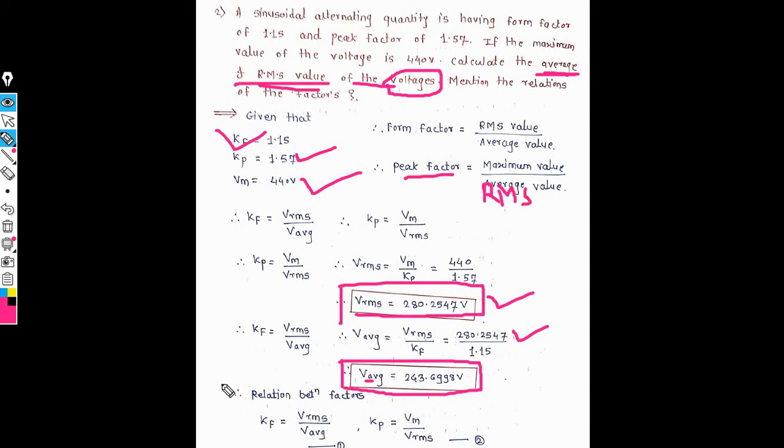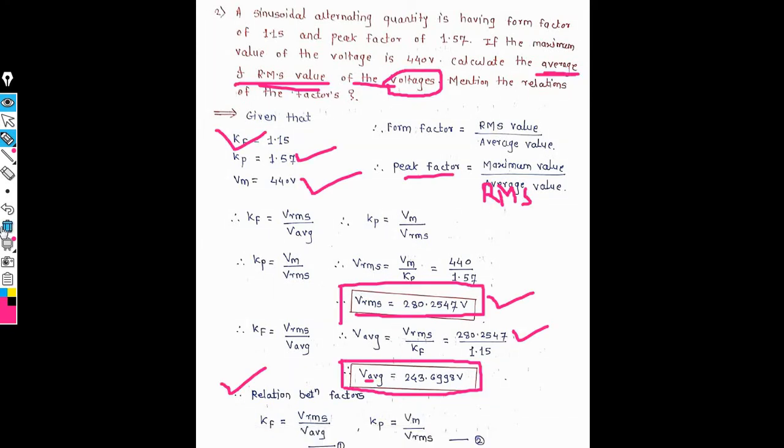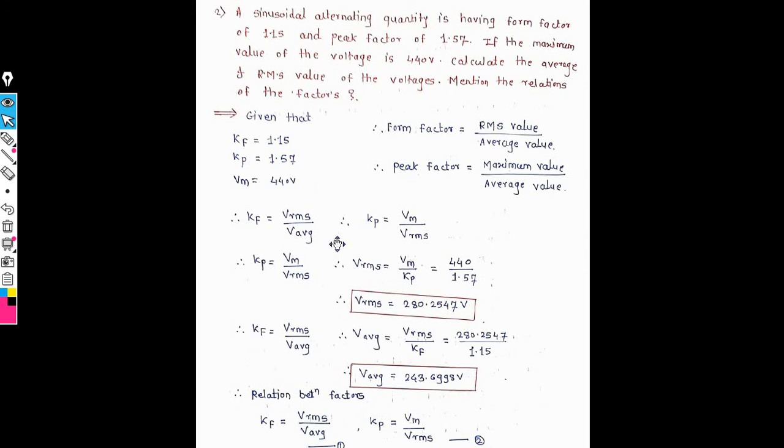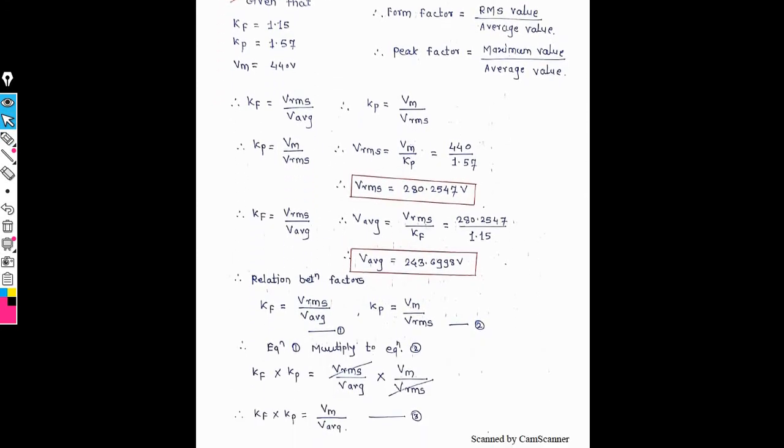Then the relation between the factors: Kf is equal to Vrms upon V average, and the peak factor Kp is equal to maximum value upon RMS voltage. Then we find the relation between form factor and peak factor. Kf is equal to Vrms upon V average and Kp is equal to Vm upon Vrms.